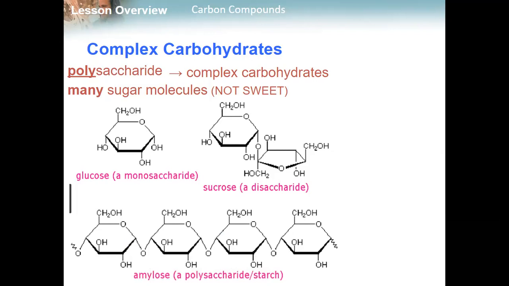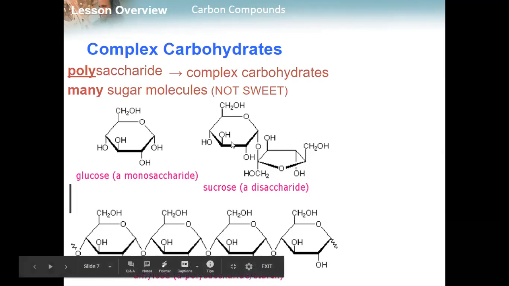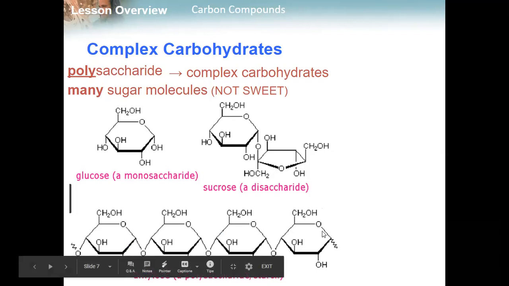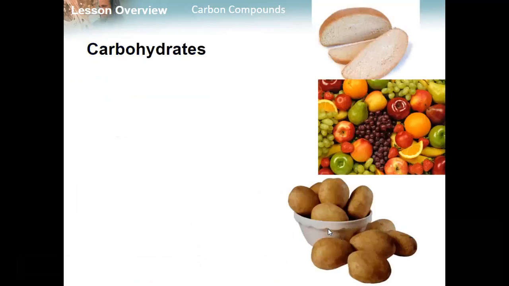So that's why it's better to eat complex carbohydrates like pasta, rice, and potatoes than simple carbohydrates, because they both give us energy, but we get more energy when we eat complex carbohydrates.